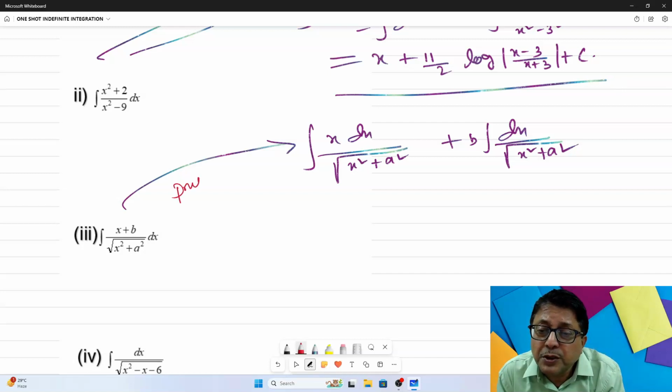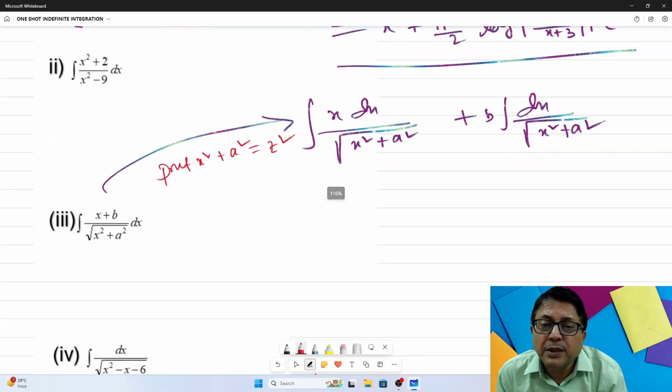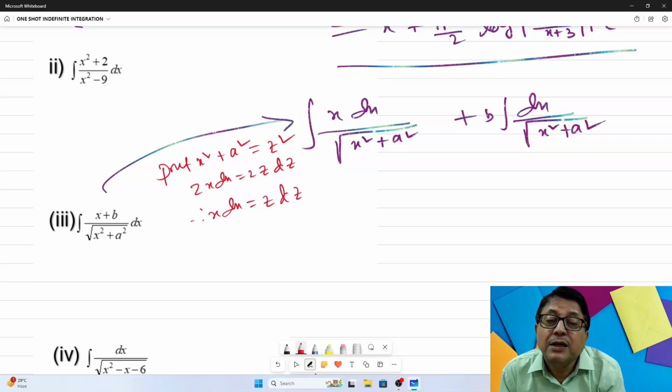Put x square plus a square equal to z square, or z, whatever. Now if you differentiate this, it will be 2x dx equal to 2z dz. So x dx will be z dz. Z dz divided by z.